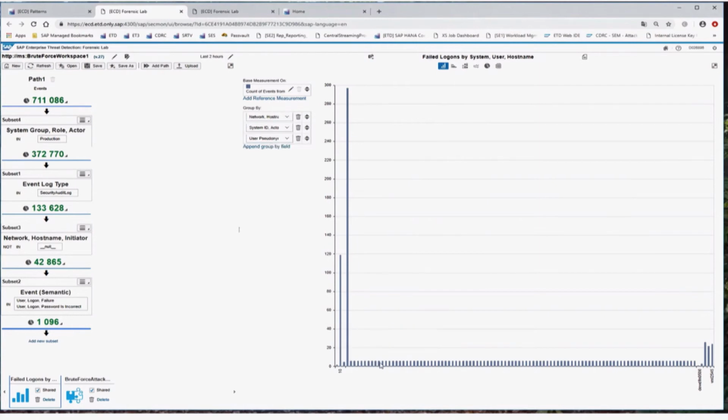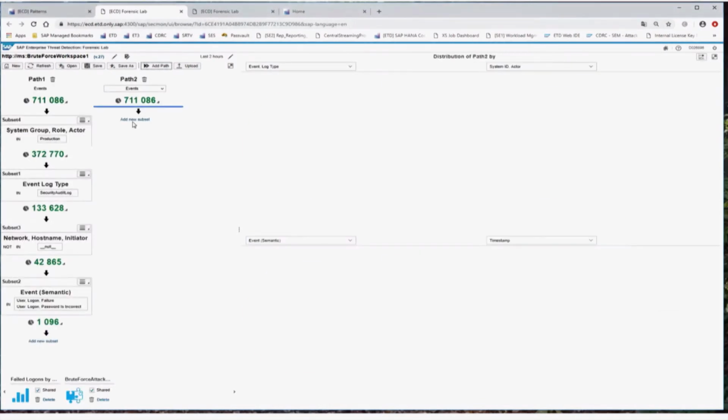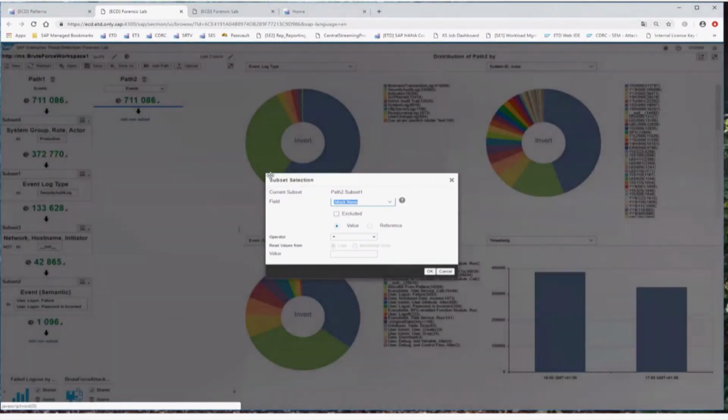Here you see where the attacker was flying under the radar, making 6 attempts per username to hide his actions. And at some point, he did spike up at the beginning. So he's trying to fly under the radar, but we can look a little deeper by adding another path or filter to the system.